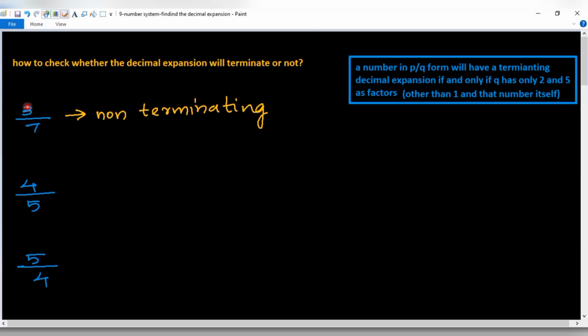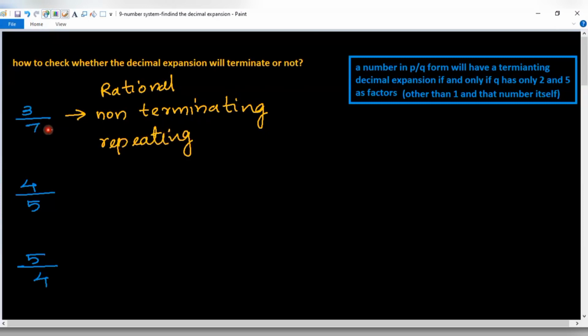See, 3 by 7 is in p by q form, right? p by q form means it is a rational number. Rational number means if it is non-terminating, then it should repeat. So it will have a non-terminating, repeating decimal.